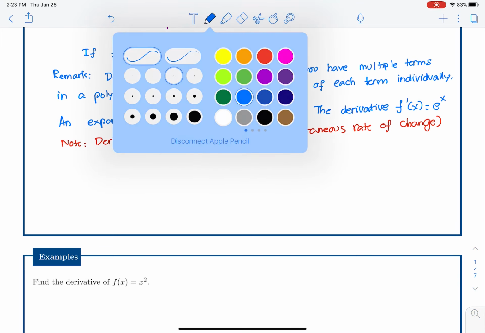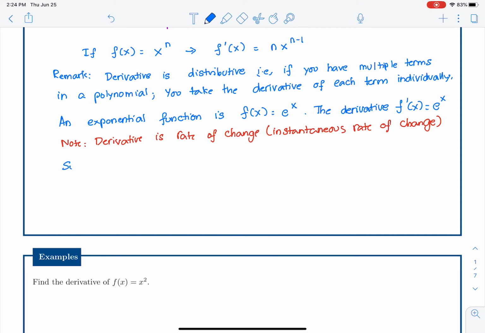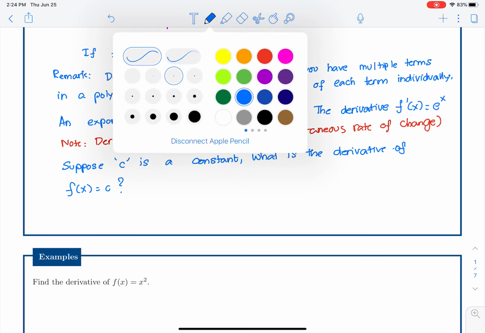Extending that idea, suppose c is a constant. What is the derivative of f of x equals c? Think about it again. So c is a constant.